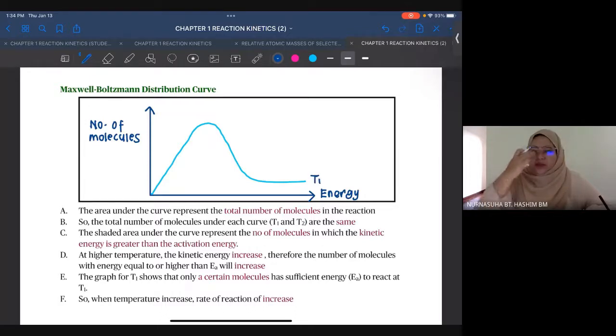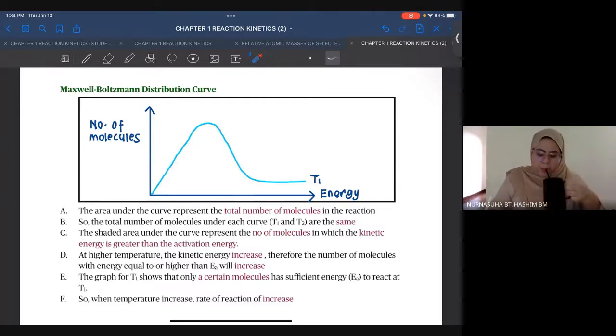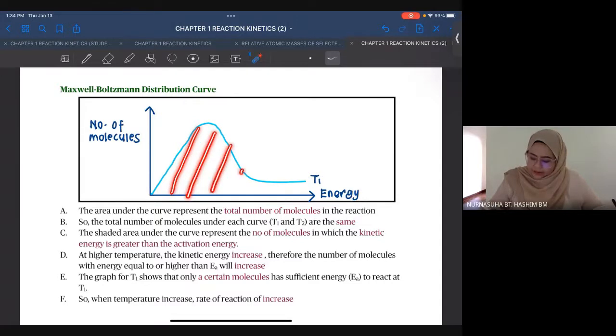Okay, so apa maksud curve ni? Okay guys, area under the curve here represent the total number of molecule.